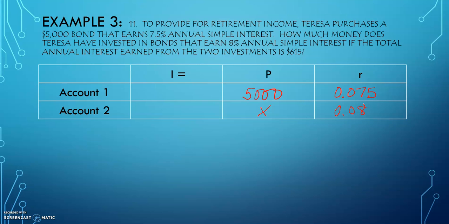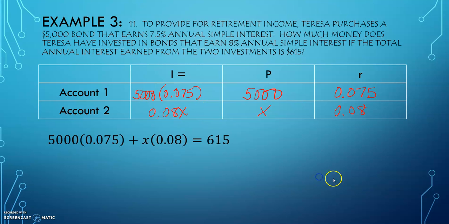We're going to multiply over here. So it's 5,000 times 0.075 and x times 0.08. We want our interests to total $615. 5,000 times 0.075 plus x times 0.08 equals 615.